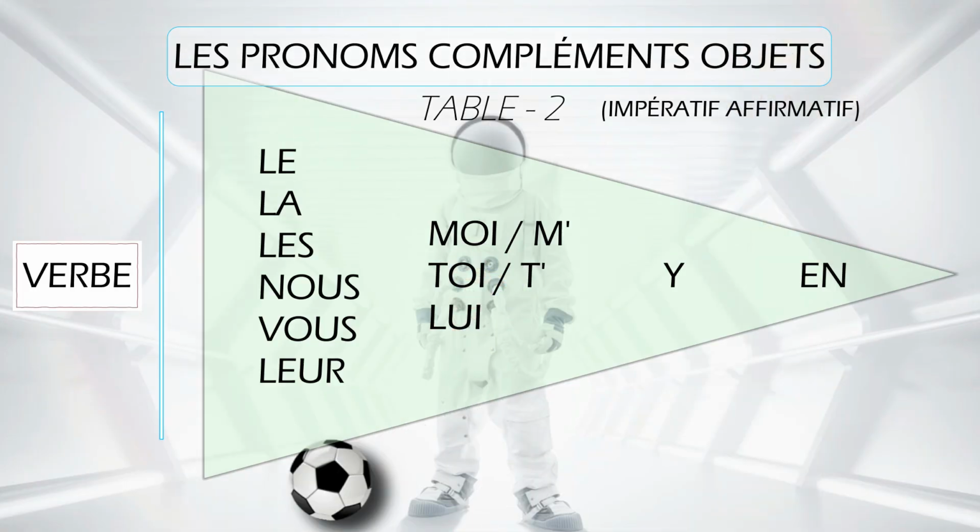Let's now learn table 2 of object pronouns. Verb. Le, la, les, nous, vous, leur, moi or m', toi or t', lui, y, en.